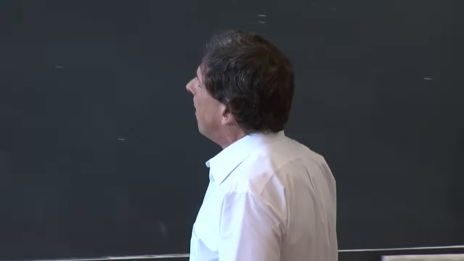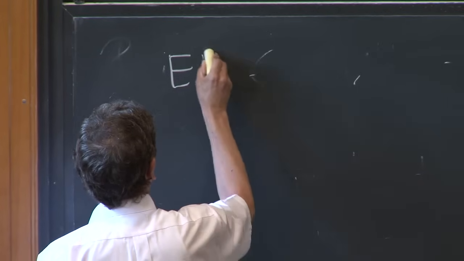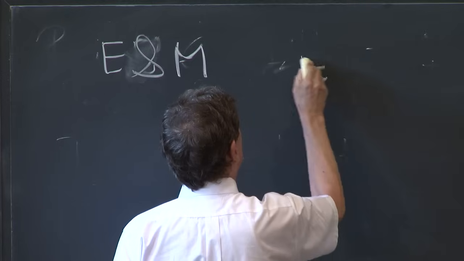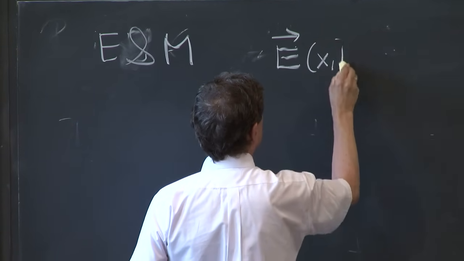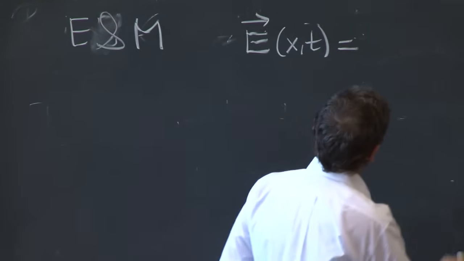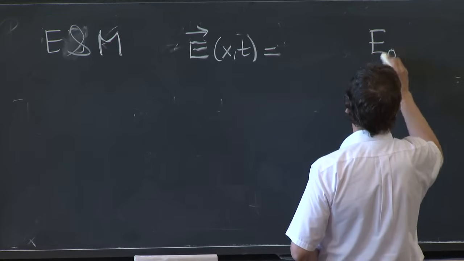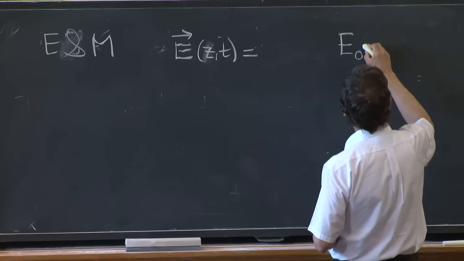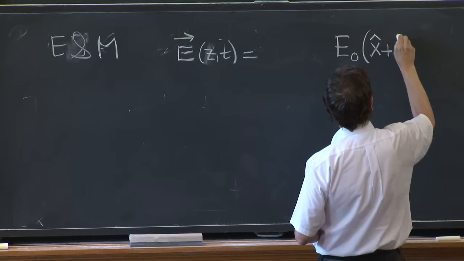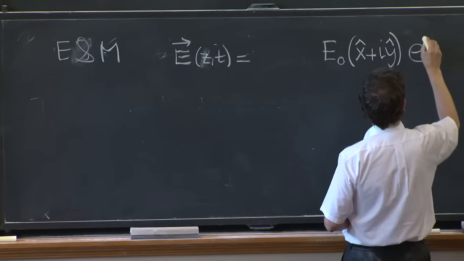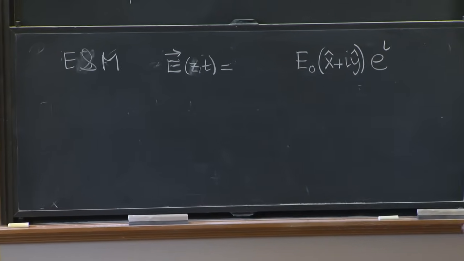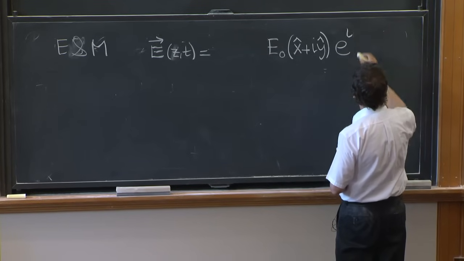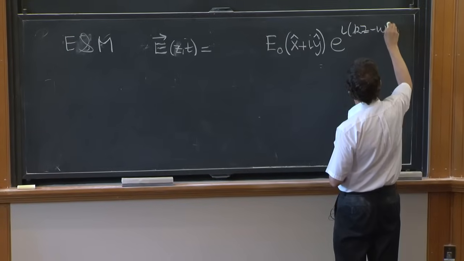So for example, in E&M, you had an electric field, for example, for a circularly polarized wave, and you would write it as E0 times (x hat plus i y hat), where x hat and y hat are unit vectors and i is the square root of -1, times e to the i(kz minus omega t).